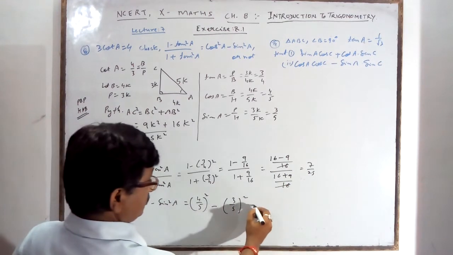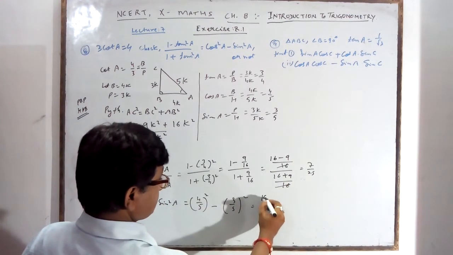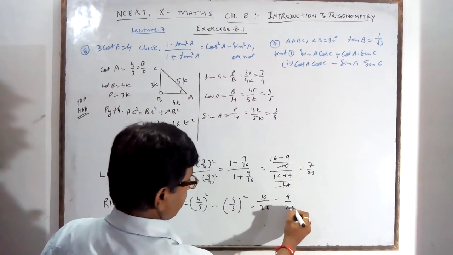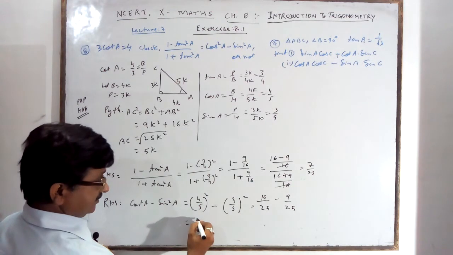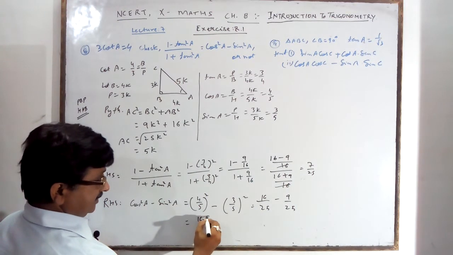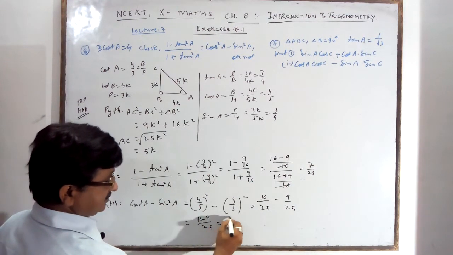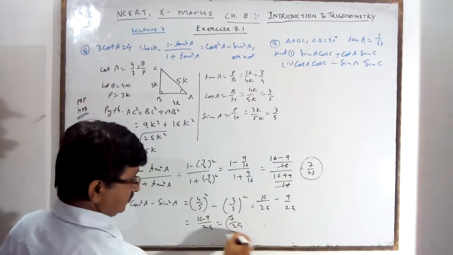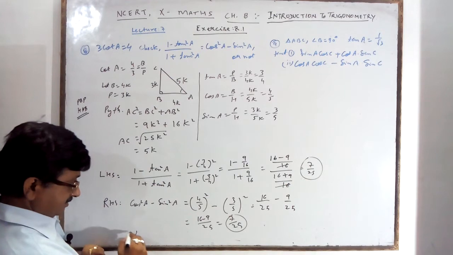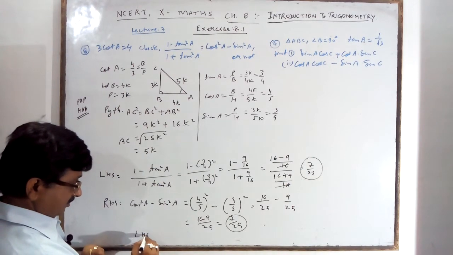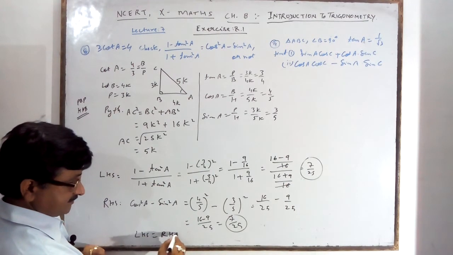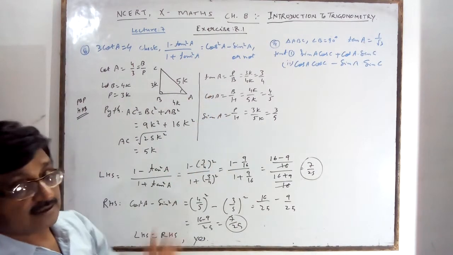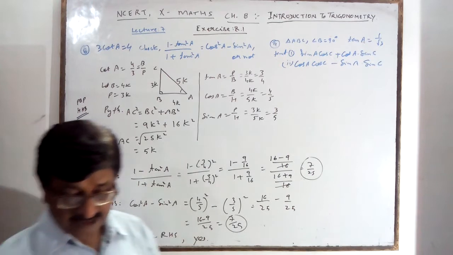So 4 4s are 16 by 25 minus 9 by 25, and you get 16 minus 9 by 25, that is 7 by 25. So both the answers are equal. Yes, what are you getting? LHS is equal to RHS. So both are equal. Very simply.